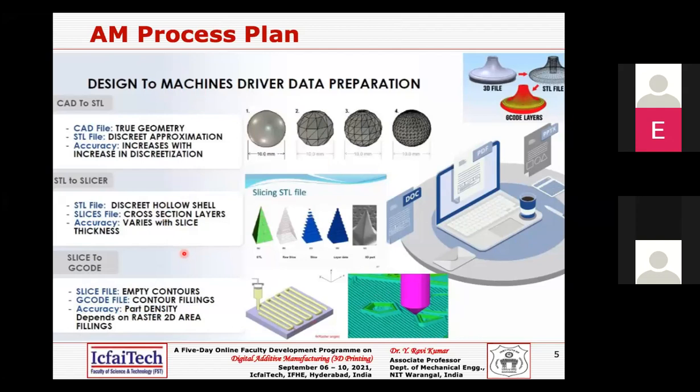So where we were discussing the slices, how do you get from slice to G code, or the toolpath generation? First get the outer contour and fill it. You have a lot of freedom in how you fill this contour.